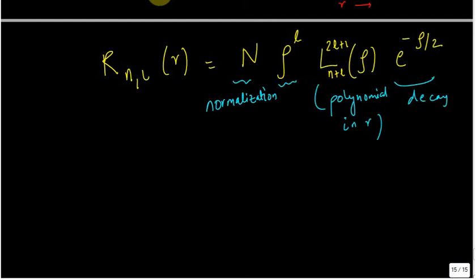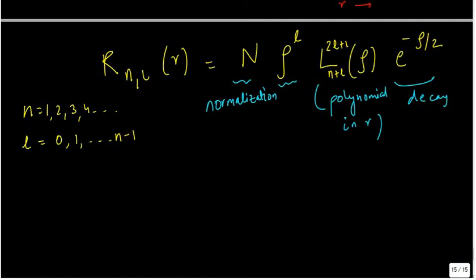Now, if the wave functions look like this, then let me write down some of those. So, n can vary from 1, 2, 3, 4, so on and so forth till infinity. L goes from 0 to n minus 1.